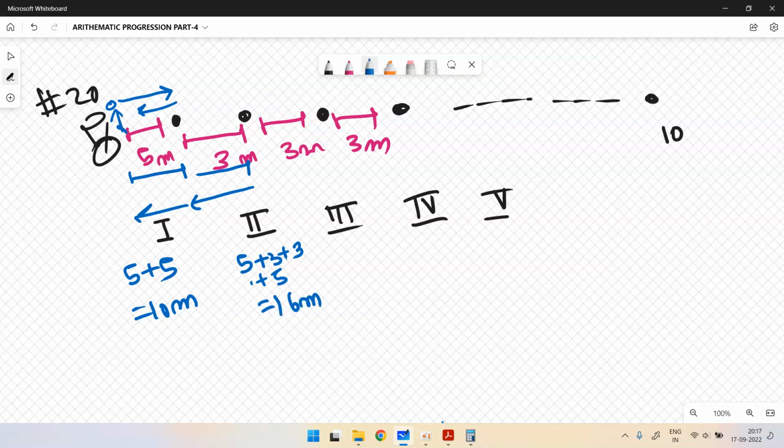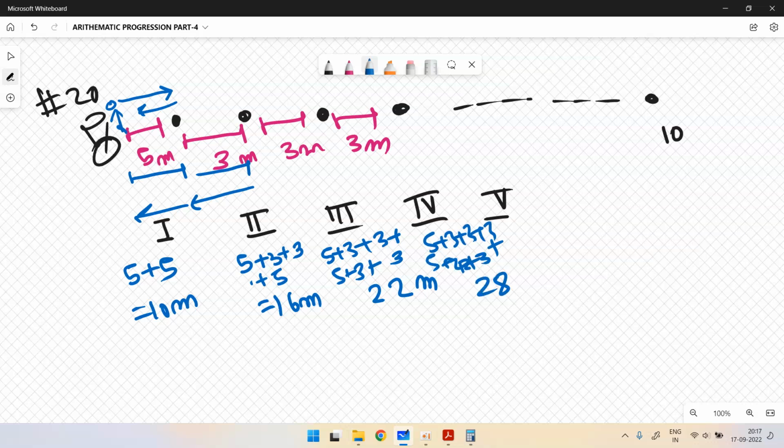Similarly, for the third, 5 plus 3 plus 3 plus 3 plus 3 plus 5, which is 22 meters. Next will be 5 plus 3 six times plus 5, and if you calculate this, it will be 28 meters.